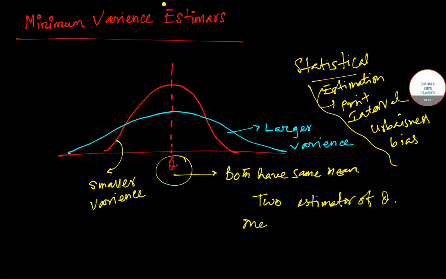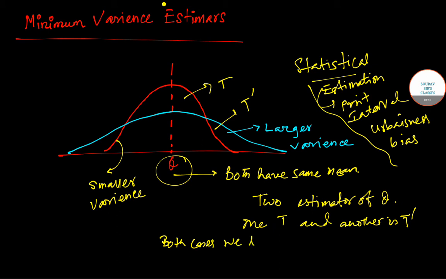One is t and another one is t prime, and suppose for both cases we have expected value of t equals theta and expected value of t prime also equals theta. So as we can see, for both distributions, expected value of t and expected value of t prime are both equal to theta.